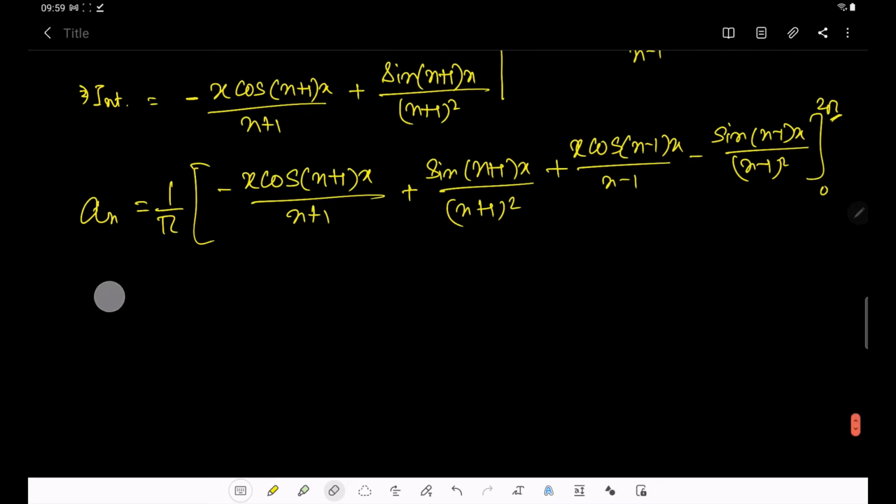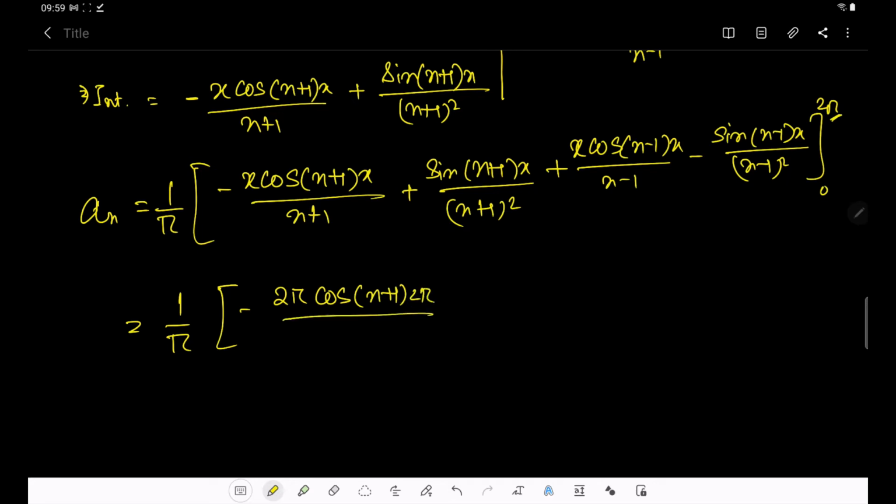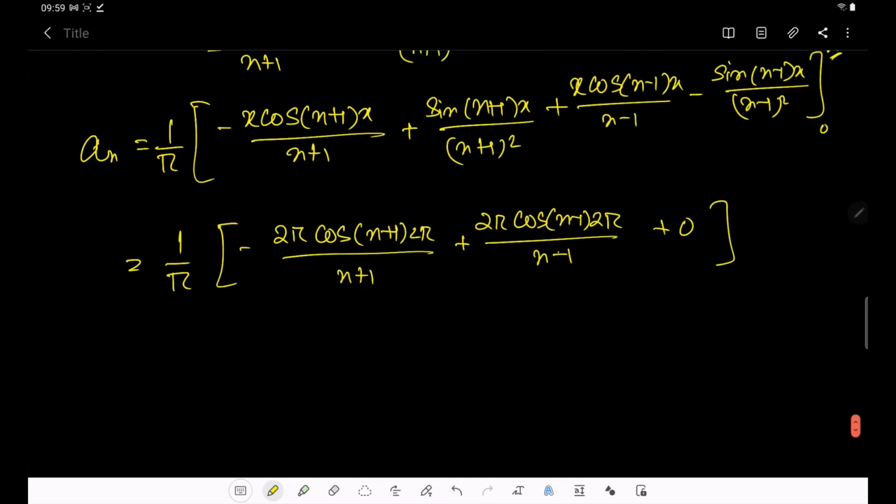So we have to perform the calculation by this: minus 2 pi cos of (n plus 1) 2 pi by (n plus 1), and plus 2 pi cos of (n minus 1) 2 pi by (n minus 1) plus 0, because other terms will be 0.